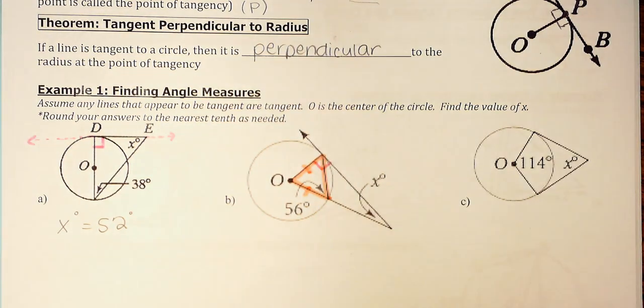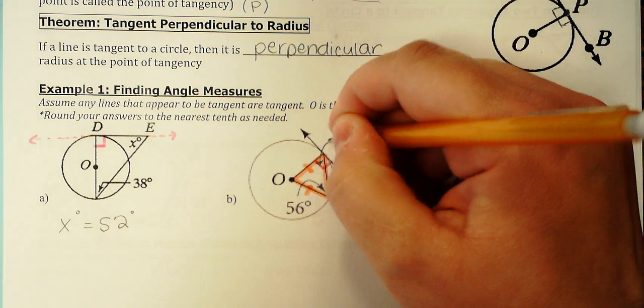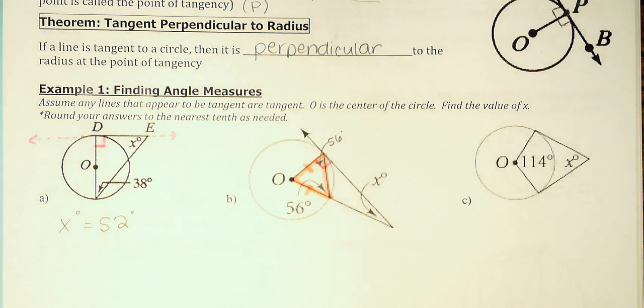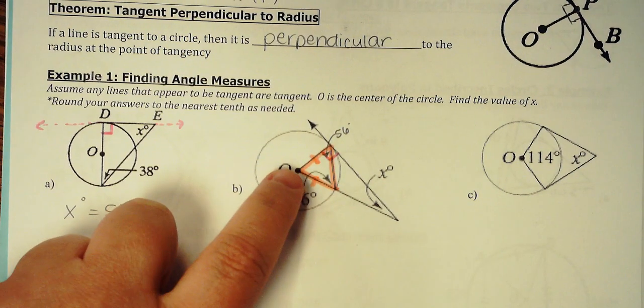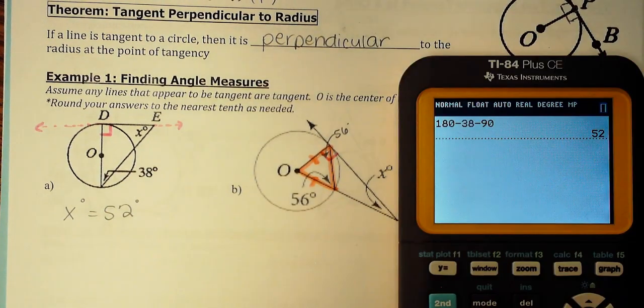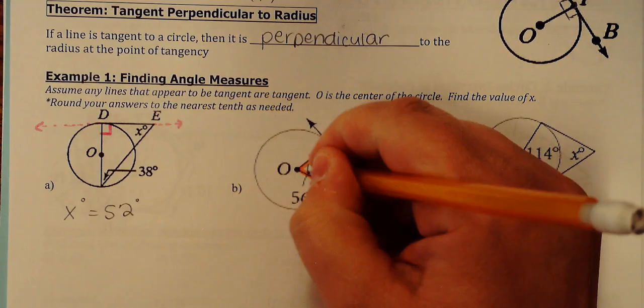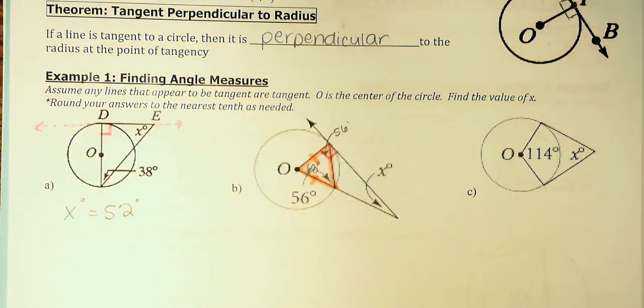So if that angle that's marked is 56, this angle also has to be, because that would be an isosceles triangle. That's going to allow us to find out that central angle there. So just the little orange triangle, I'm going to do 180 minus 56 again. And the leftover is 68. So right in here, this is a 68-degree angle.